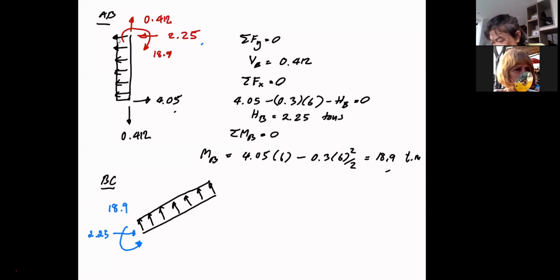That one goes up, so this one comes down, 0.412. Okay, so again, you can complete your free body diagram in the, say, global XY axis.